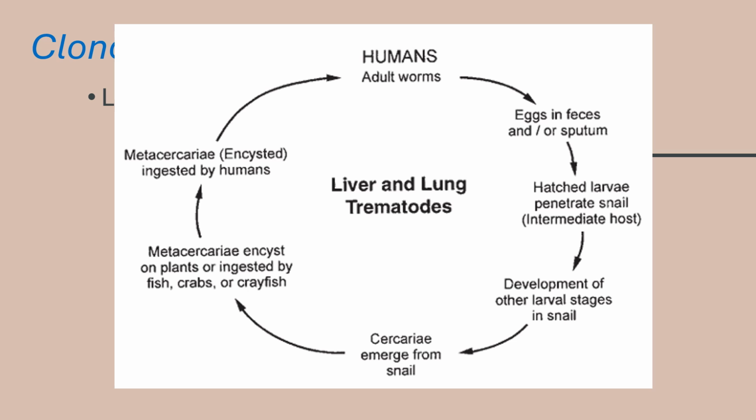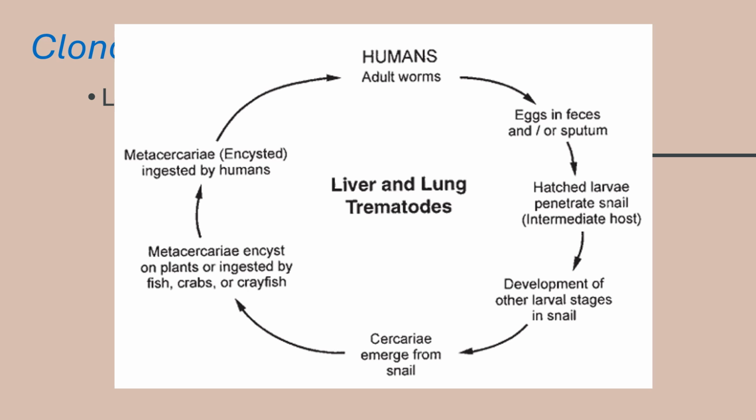This one is an illustration of the life cycle of your liver and lung trematodes. For your lung, of course, you have the Paragonimus westermani. Humans harbor adult worms, and then eggs are passed in the feces, hatch to larva, and then you have the developmental stages in the snail.